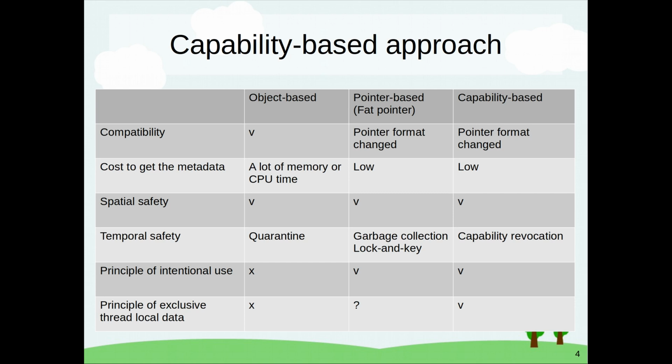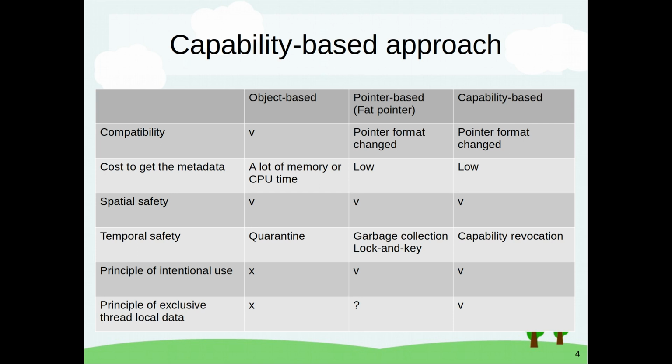For spatial safety, this is also supported in the capability-based approach. For temporal safety, the capability-based approach uses capability revocation to support temporal safety violation check, and I'll talk about it later.